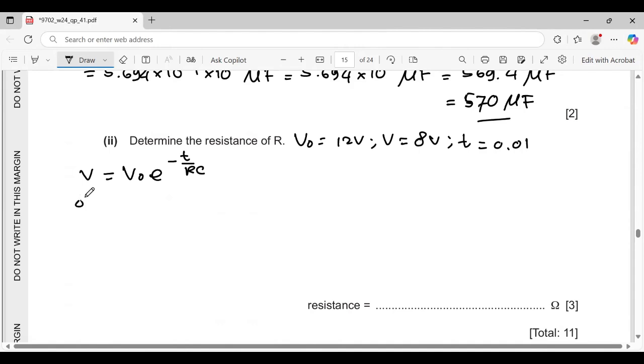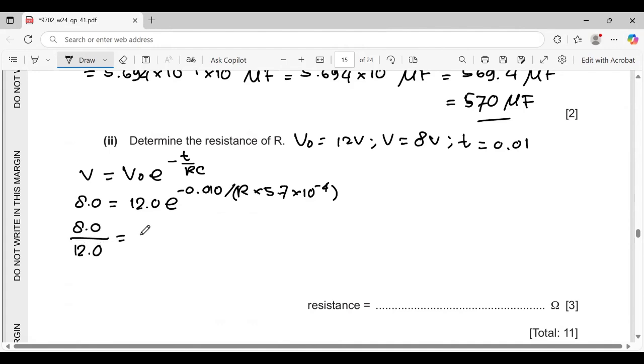It's going to be 8.0 equals 12.0 times e to the power minus 0.010 over R times 5.7 times 10 to the power minus 4. So 8.0 over 12.0 equals e to the power minus 0.010 over R times 5.7 times 10 to the power minus 4.